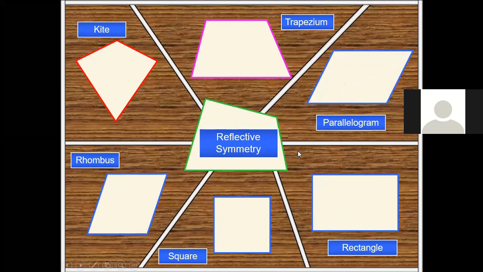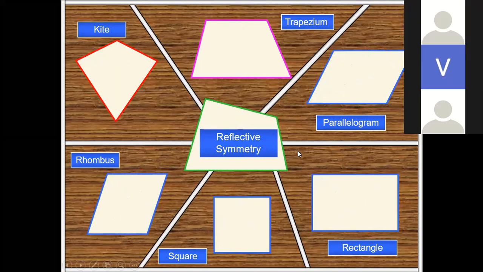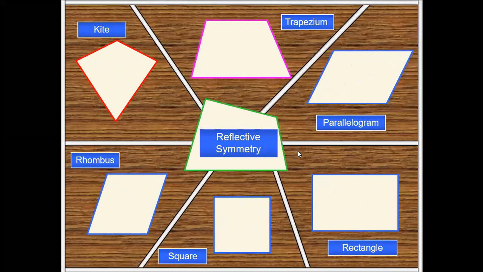So reflective symmetry, what do we mean by reflective? Ibig sabihin, kapag nag-draw tayo ng line, meron bang mabubuo na symmetry? Anong ibig sabihin ng symmetry? Tulad ng face natin. If we draw a line in the middle of our face, yung left side at saka right side are reflection of one another. Ibig sabihin, yung line na yon ay line of symmetry.